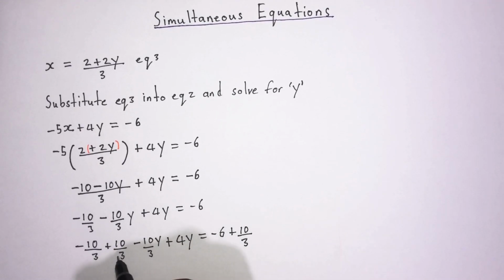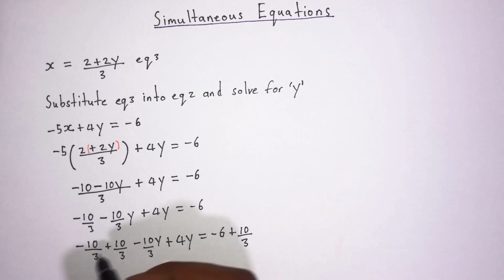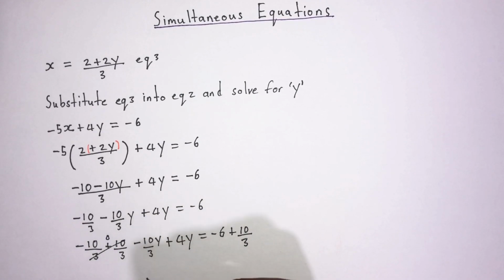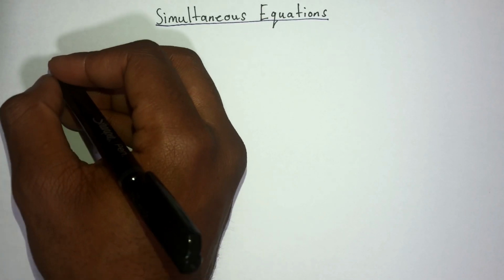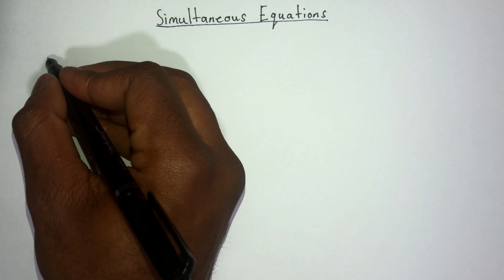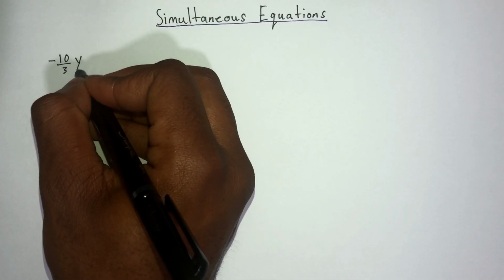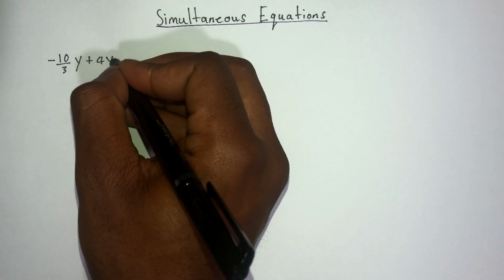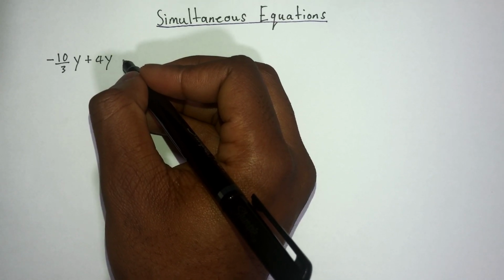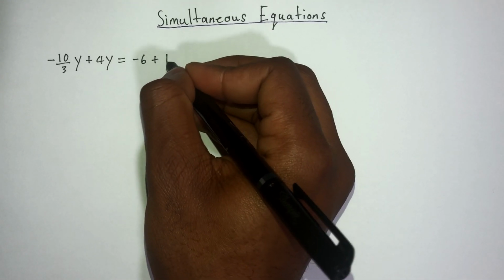And we know that whatever we do on this side, we have to do it on the other side. So this is 0. Negative 10 over 3 plus 10 over 3 is 0. We are now left with negative 10 over 3y plus 4y equals negative 6 plus 10 over 3.